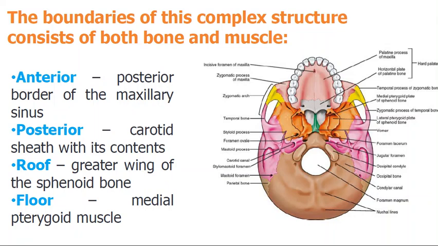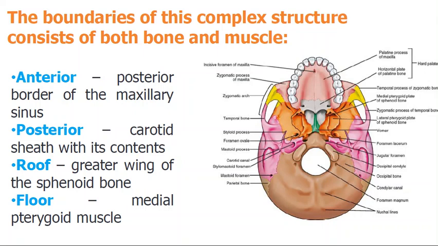The posterior boundary of the fossa is formed by what is called the carotid sheath and the contents of that sheath, which is the external carotid or even the common carotid or even the internal carotid artery that enters here through the carotid canal right here. So this is the location of the posterior boundary, the carotid sheath and its contents, whether jugular vein, nerve, and even the internal carotid artery.